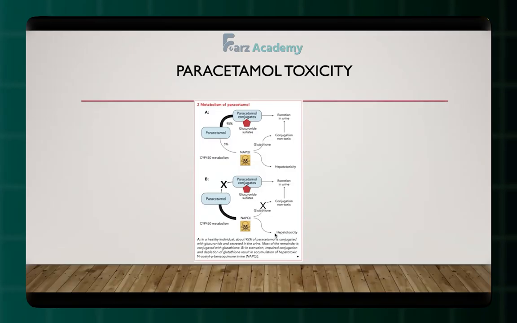So there is impaired conjugation and depletion of glutathione. This results in accumulation of the toxic compound called NAPQI, N-acetyl-p-benzoquinone imine, which leads to all the serious side effects, namely hepatotoxicity.